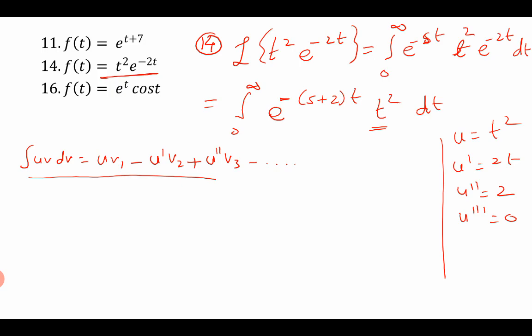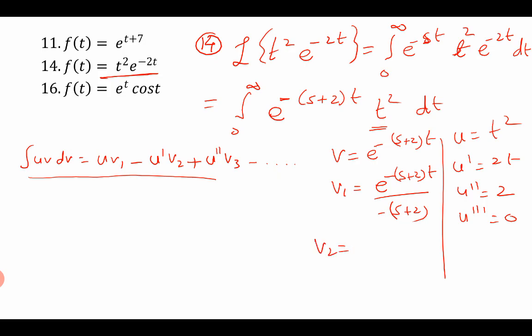And what is v? v is e raised to minus (s plus 2) times t. So v1, the integration of this one, is e raised to minus (s plus 2) t divided by minus (s plus 2).